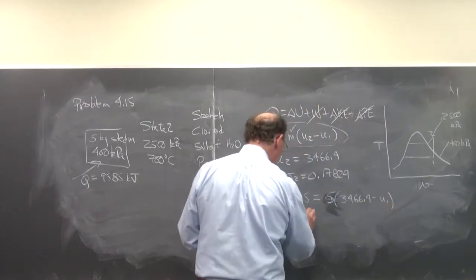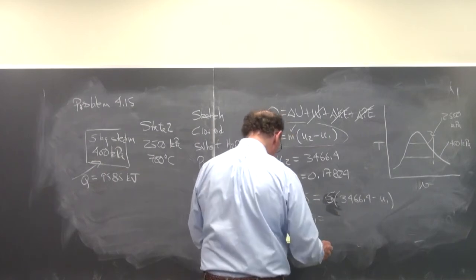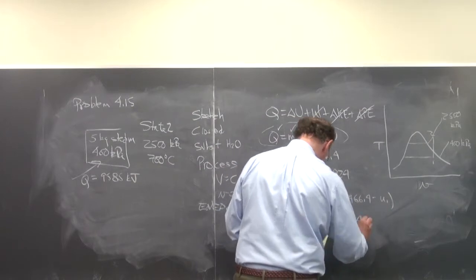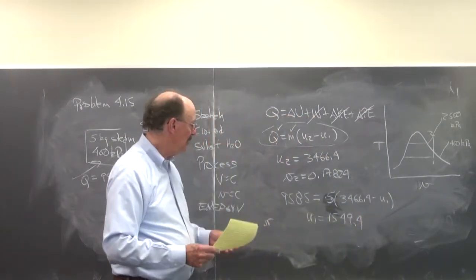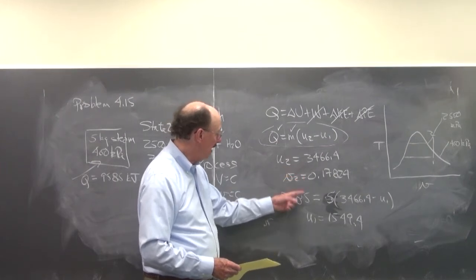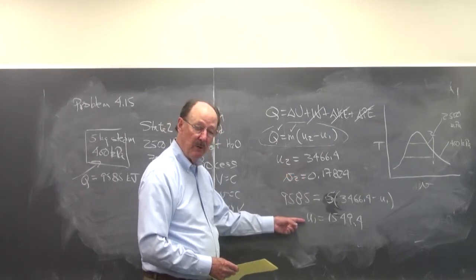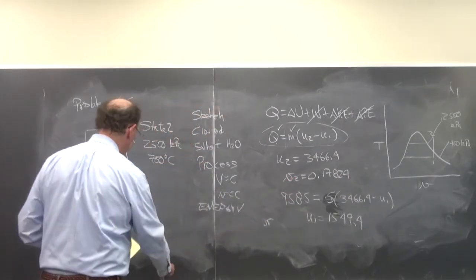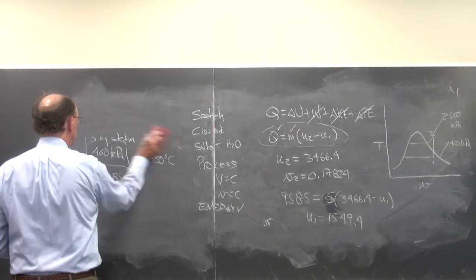I can solve for U1, and U1 is equal to 1549.4. And now I have a choice. So if I wanted to find the internal energy, I could do that. I can also find the quality from this term, knowing U1. I can find it from the specific volume, which is what I happen to do. So I'll do that.